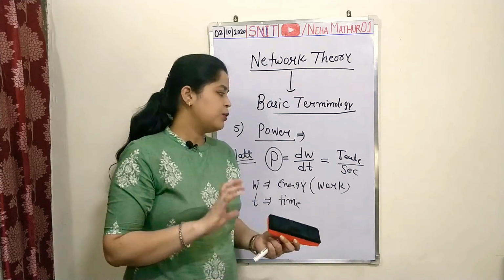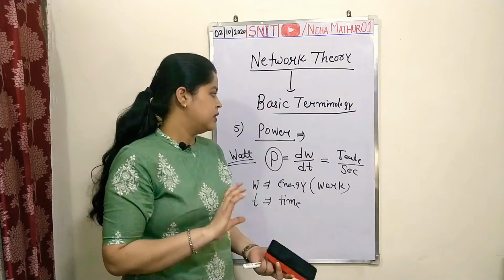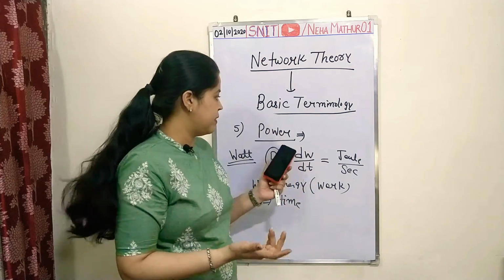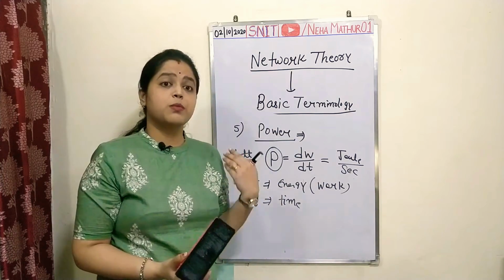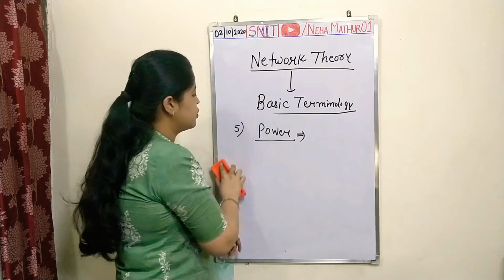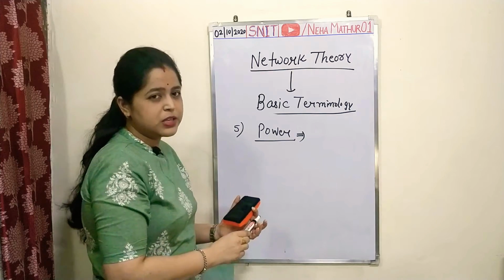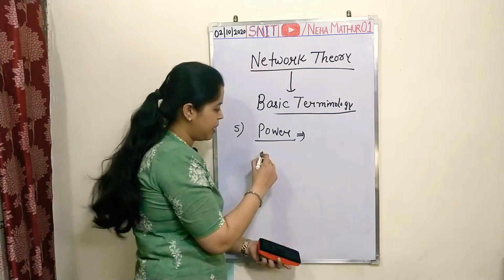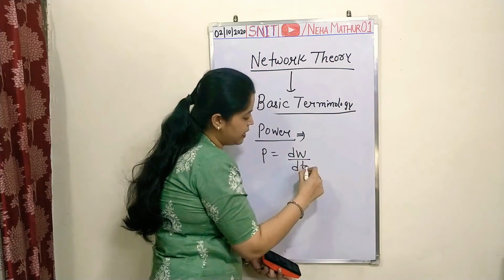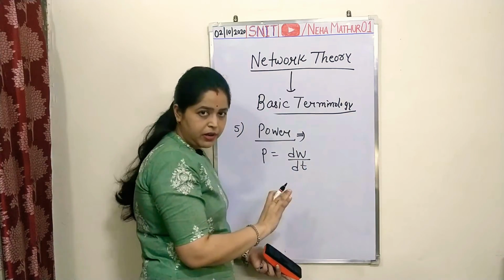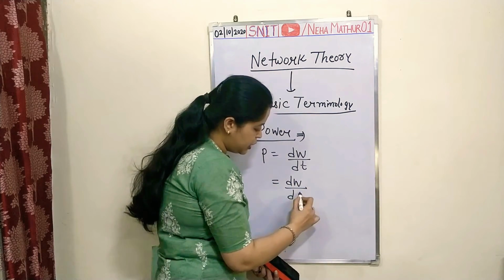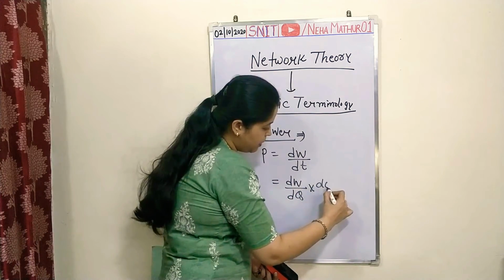Now most of the time students get confused about the formula of power. I am going to discuss the optional formula of power. As I told you, power is the rate of change of energy. I can write this formula like this also, dW by dQ multiplied by dQ by dt.